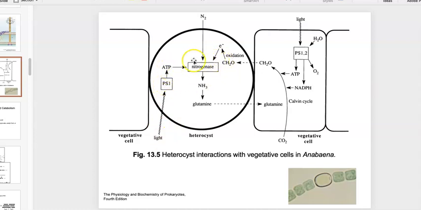And that's important because nitrogenase is extremely oxygen sensitive. And so keeping this oxygen separate from this heterocyst is vital to allowing the microbe to ultimately kick on its nitrogenase, make organic forms of nitrogen. Here's this ammonia that can then be used to make amino acids. And then the amino acids can be pumped into the neighboring vegetative cells in order to give them nitrogen, to feed them essentially.